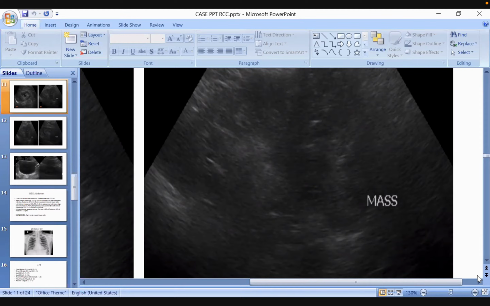The size cannot be ascertained here. There is no evidence of any pelvicalyceal fullness or hydronephrosis or any calculus.